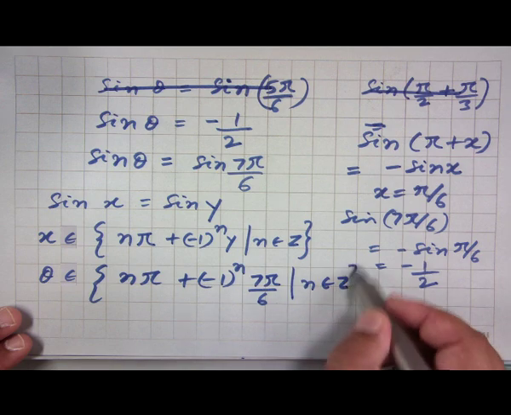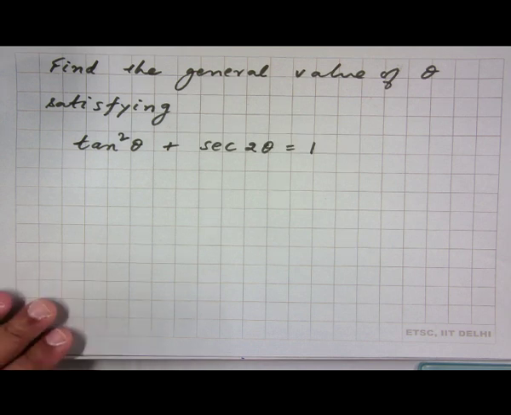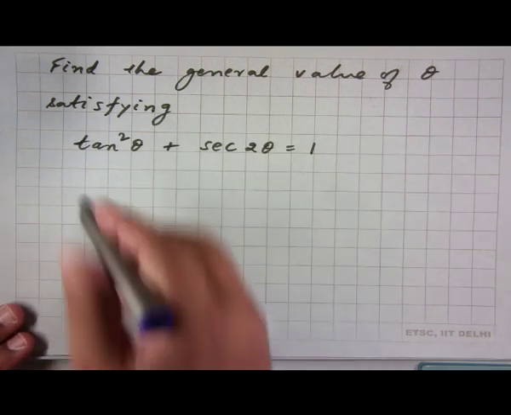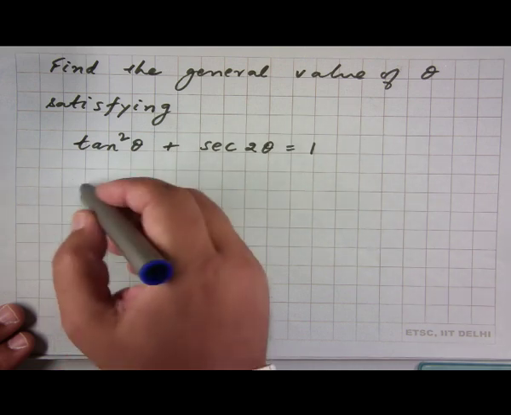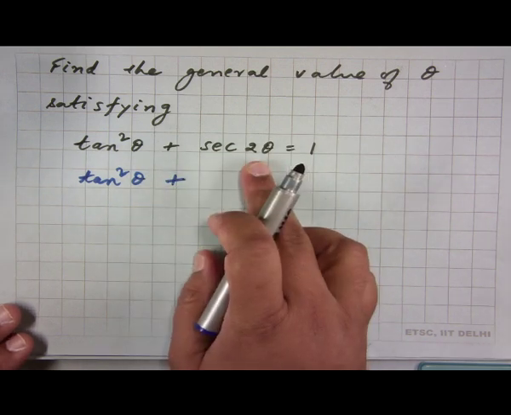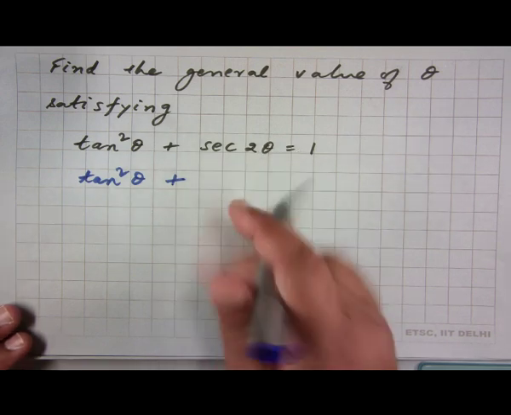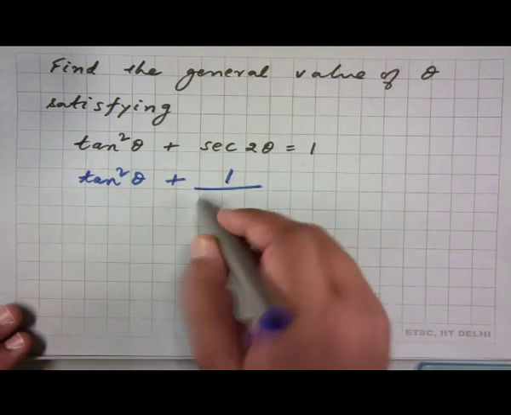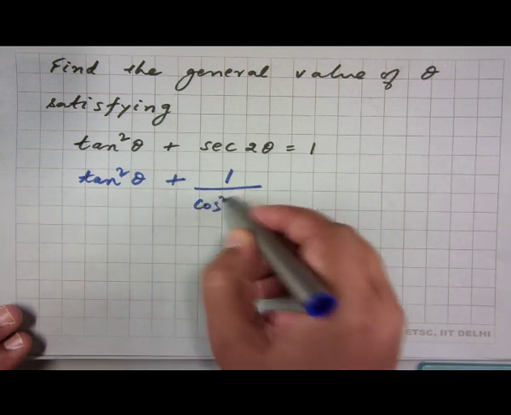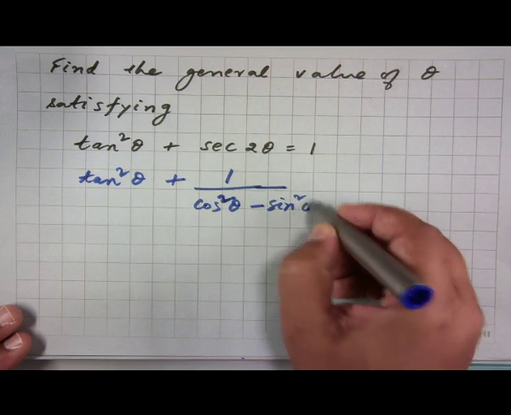For all integers n. Here we have another problem where we would like to find the general solution to this trigonometric equation. We write this as tan square theta plus secant of 2 theta, because secant of x is 1 over cosine of x. So this is 1 over cos 2 theta, but we know that cos 2 theta is cos square theta minus sin square theta.